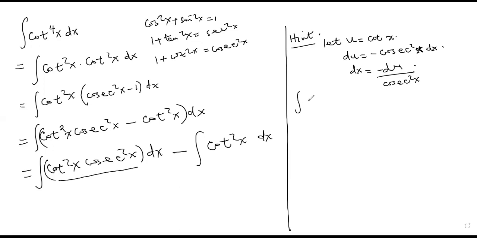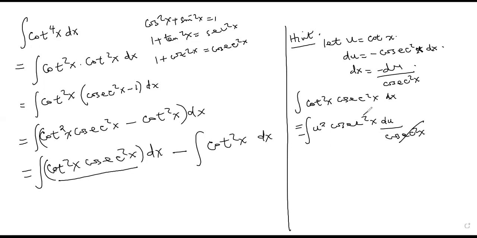So the integral of cot squared x cosec squared x dx is the same as the integral. This is u, but here u was cot x, meaning cot squared x is u squared, cosec squared x dx. Now instead of dx, I'll substitute with the du out of cosec squared x, of course with a negative outside.